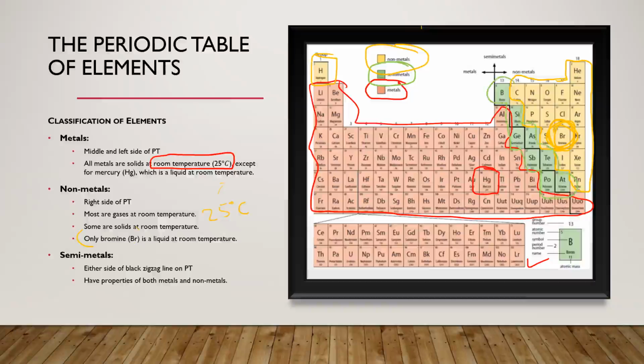Only a few of them, it's not a lot. They have properties of both metals and non-metals. So they can be solids at room temperature, gases, liquids, doesn't matter. It's similar properties, and I guess it will specify when you are working with any of these semi-metals. Cool. So that's basically that for the classification of elements.